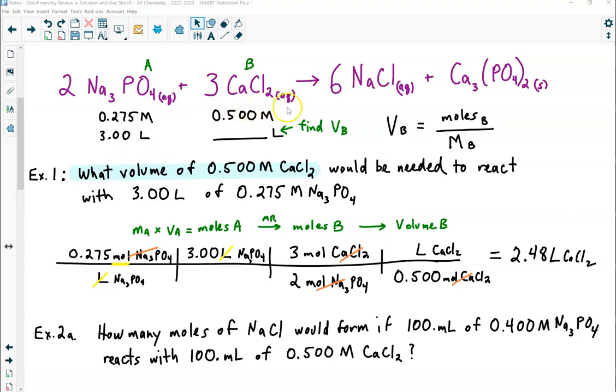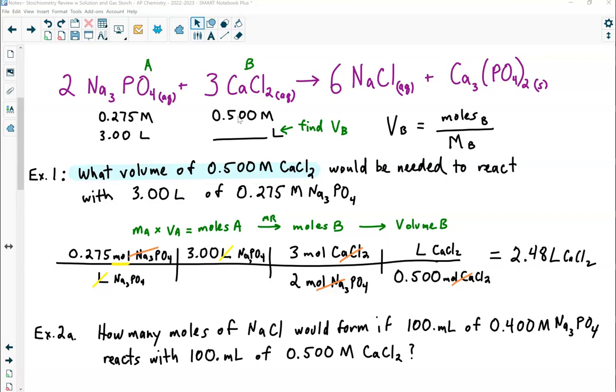We have a 0.5 molar solution of calcium chloride, and what we really want to calculate here is how many liters of this would be needed to react with this much given sodium phosphate so that you'd have the perfect mole ratio, right? So you're calculating the volume of substance B, the calcium chloride, given this amount of sodium phosphate and given the concentration of the calcium chloride.